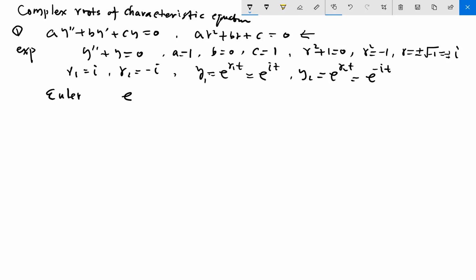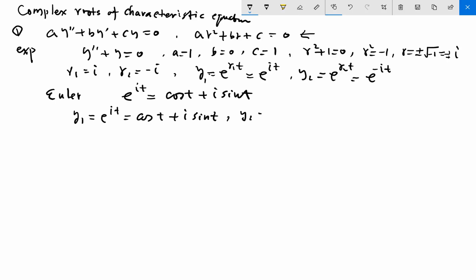It's like this: e to the it, where i is the imaginary number, gives you cosine t plus i sine t. We're going to use this formula to rewrite y1. y1 is e to the it, which is cosine t plus i sine t.